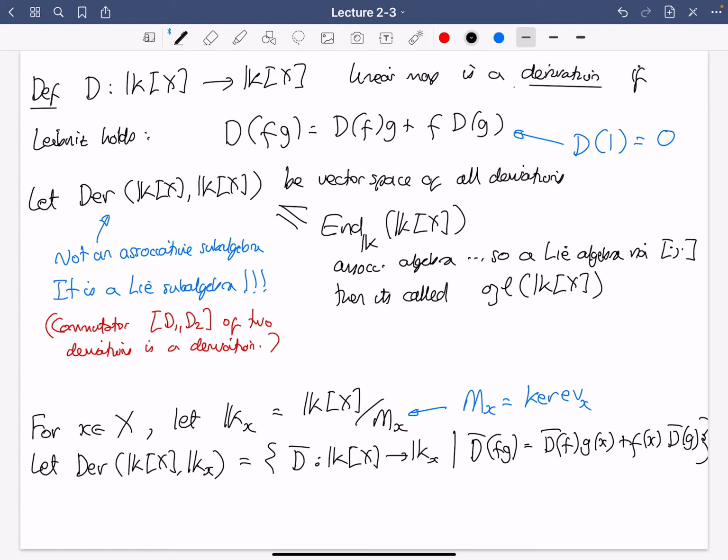Okay, great. So I'm going to give this a name. This is called the vector space of point derivations for the point x.